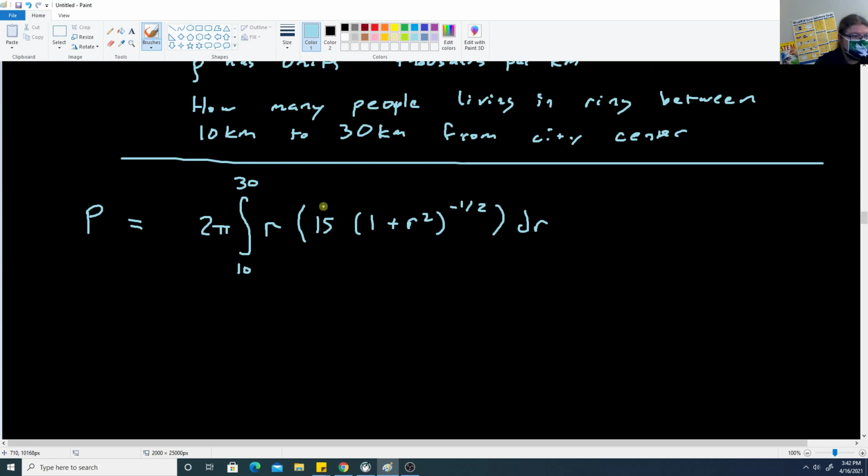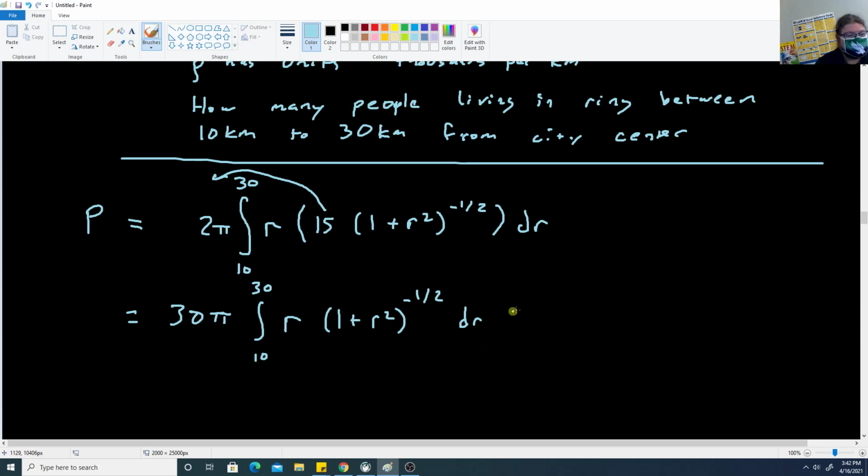15 is a constant, so I'm going to push it out front. So 15 times the 2 pi that's there is 30 pi. We have 30 pi integral from 10 up to 30 of r times (1 plus r squared) to the negative 1/2 dr. I think I'm going to need to use u substitution for this, so I'll set u equal to the inside of the negative 1/2.